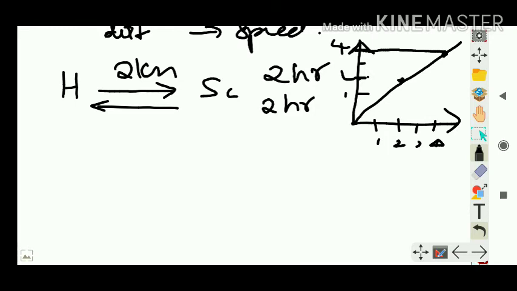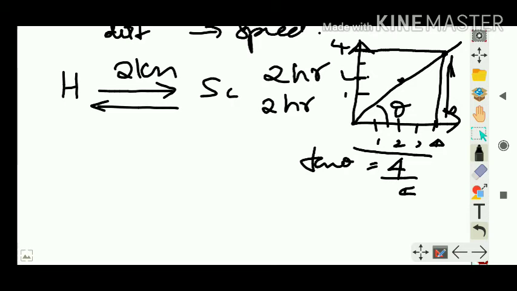The slope is this one, theta, where tan theta is equal to y2 minus y1 over x2 minus x1. Let's take this triangle. It is y divided by x, 4 by 4, so it is 1 meter per second. Simple. That is the speed of the scenario.